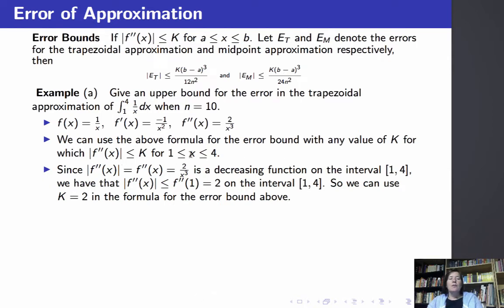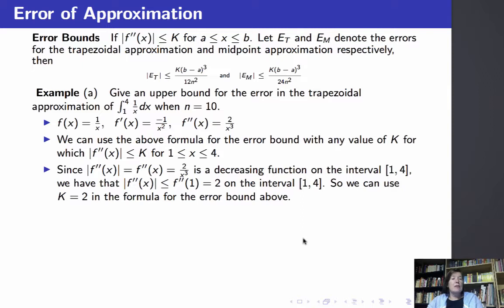Well, this second derivative, 2 over x cubed, is decreasing on the interval from 1 to 4. So therefore, its value at 1 must be the highest point on the interval from 1 to 4. That must be its maximum.